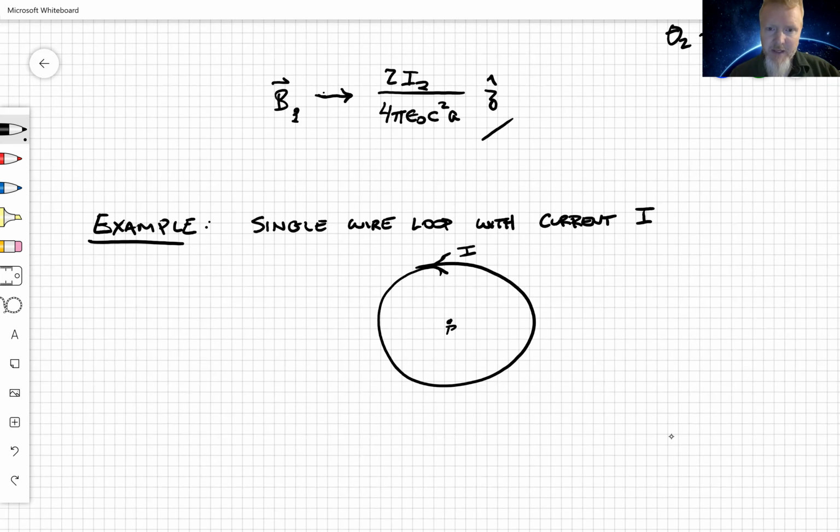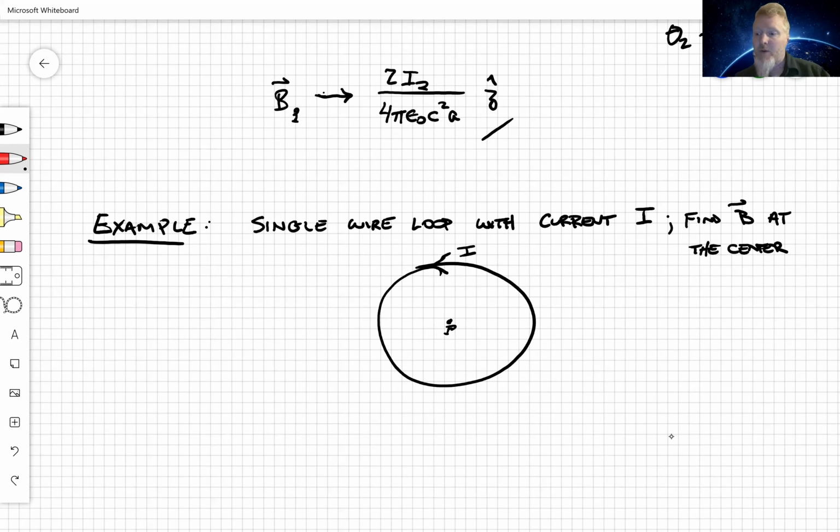Here's my point P. So let me try and find the magnetic field at the very center of the circle.